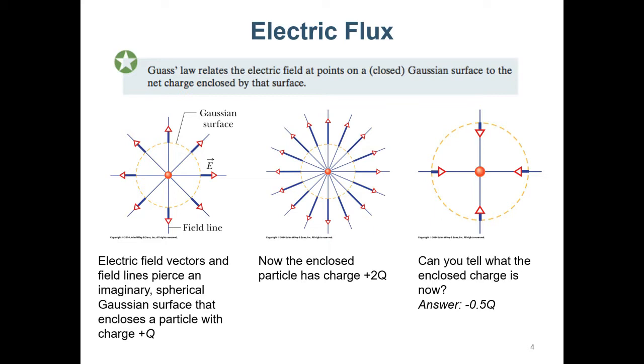For a positive charge, we can draw the electric field lines. Suppose we have a positive charge, we can have electric field lines in different directions. If this charge is positive, the electric field lines will point outwards. If the charge is negative, then the electric field lines will point inwards.